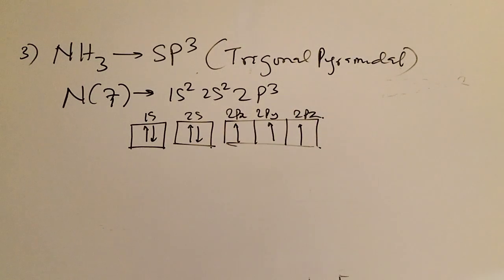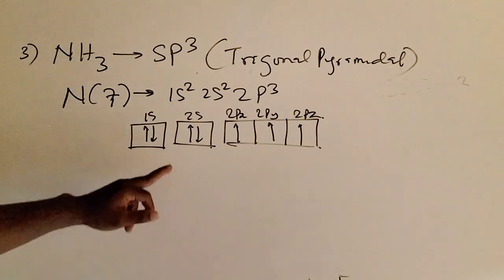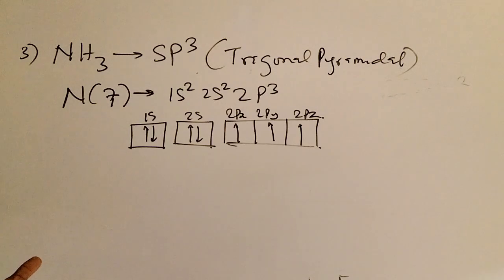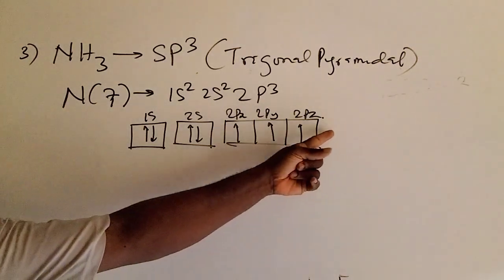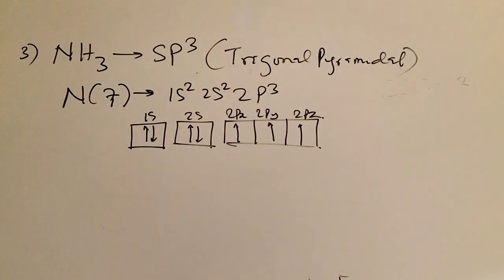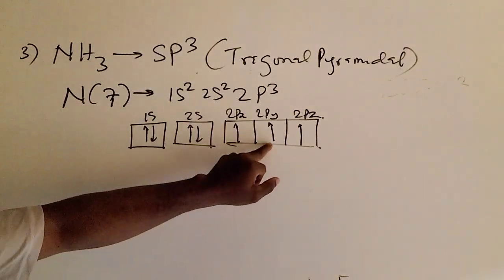So this is the ground state orbital diagram of nitrogen. The question is this: will the electron in the 2s be promoted to another orbital? Or which orbital will we go to? We go to the next orbital that comes up, the 3s. In ammonia, nitrogen does not hybridize with the 3s orbital, because look at it. There are only 3 unpaired electrons, and the normal oxidation state or valency of nitrogen in hydrides is 3. So it has already maintained 3 unpaired electrons.